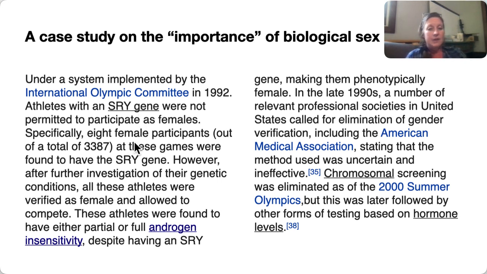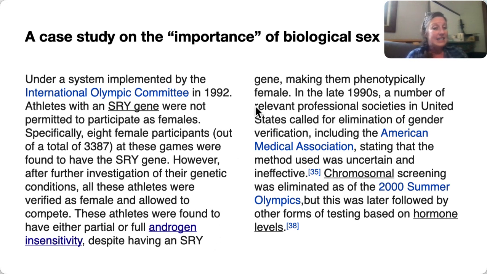Specifically, there were 8 female participants who were found to have the SRY gene. However, further investigation indicated that all of these athletes had developed as fully female, and they were eventually allowed to compete. These athletes were found to have either partial or full androgen insensitivity, one of the things that we talked about, despite the fact that they had an SRY gene.